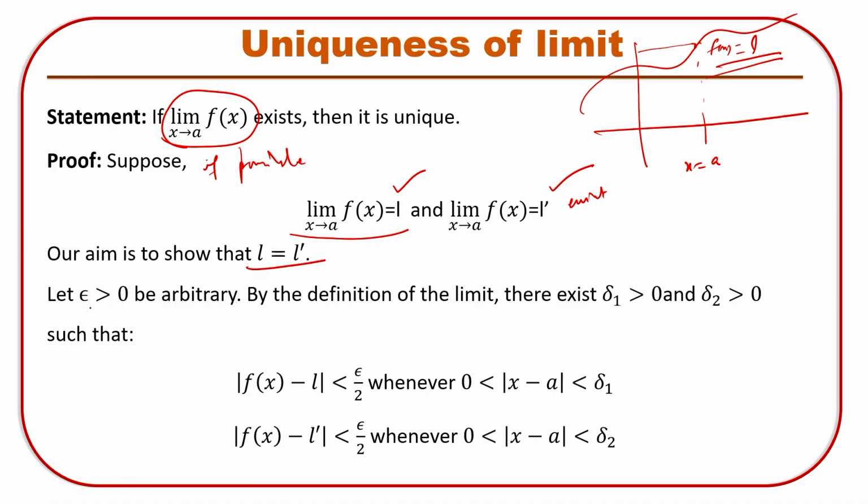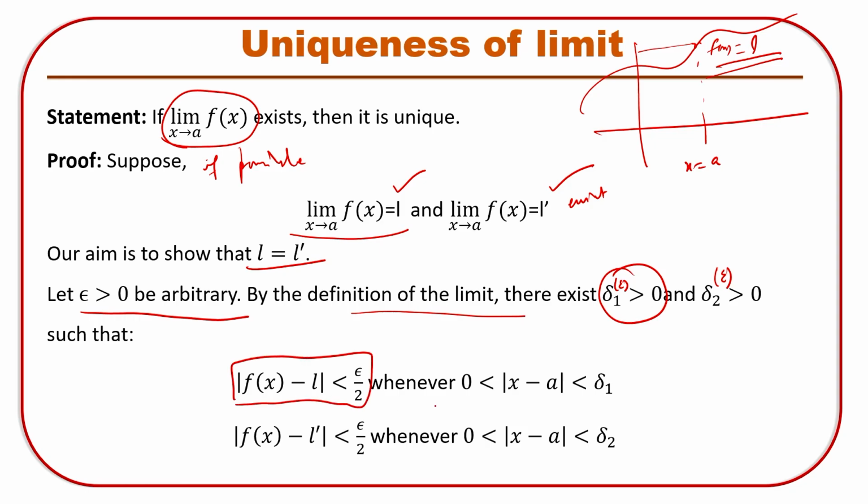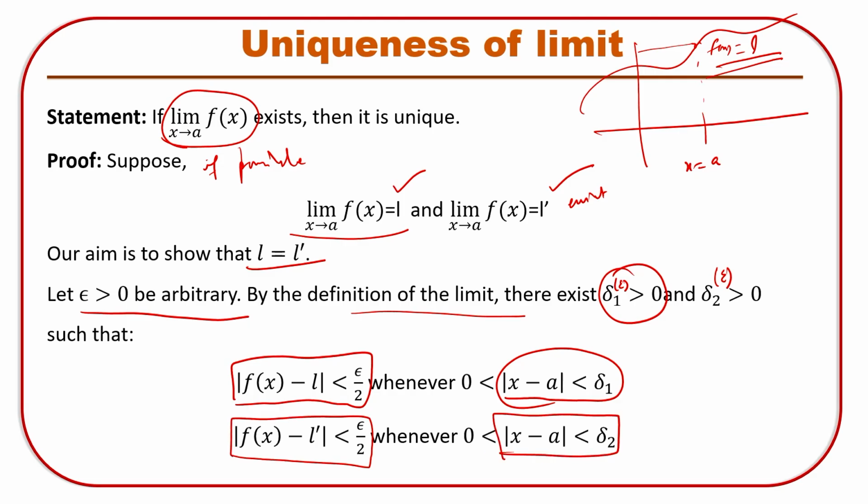So for any arbitrary epsilon greater than 0, by the definition of the limit, there exist delta 1, which is a function of epsilon, and delta 2, which is a function of epsilon, both positive numbers, such that modulus of f(x) minus L is less than epsilon by 2 whenever modulus of x minus a is less than delta 1, and modulus of f(x) minus L dash is less than epsilon by 2 whenever modulus of x minus a is less than delta 2.